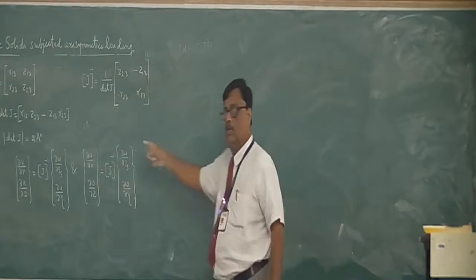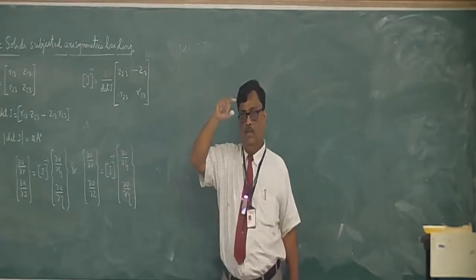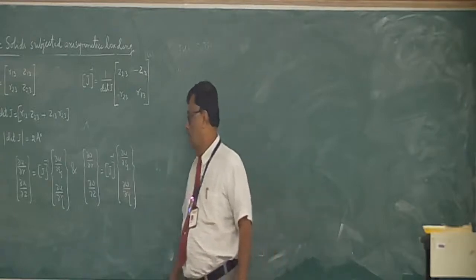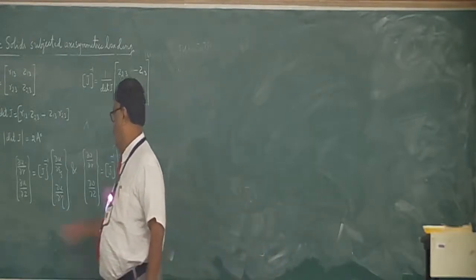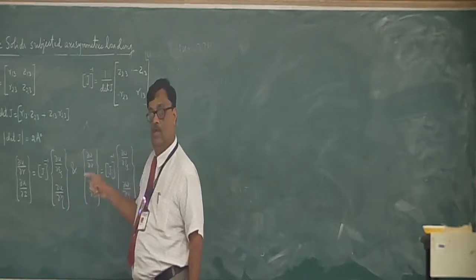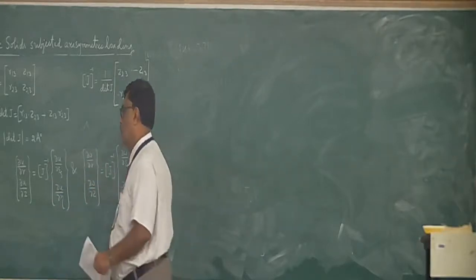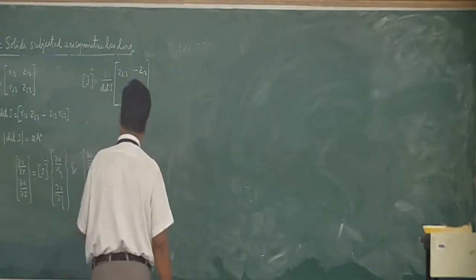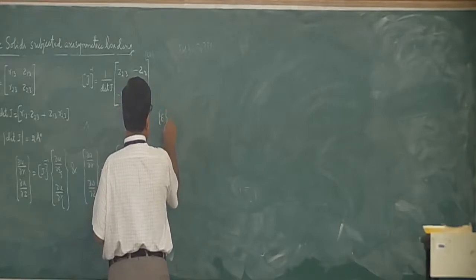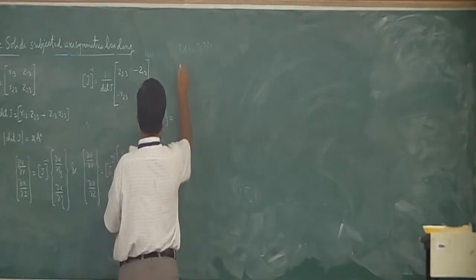Once you substitute them in our epsilon matrix, what is that epsilon matrix? ∂U/∂R, ∂W/∂Z, and then gamma. Instead of gamma RZ, we have written the other two, and then finally epsilon theta, what we got. So therefore, the strain matrix comes like this.